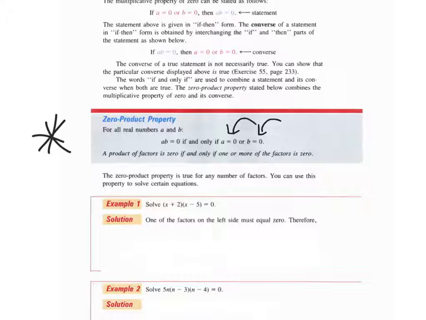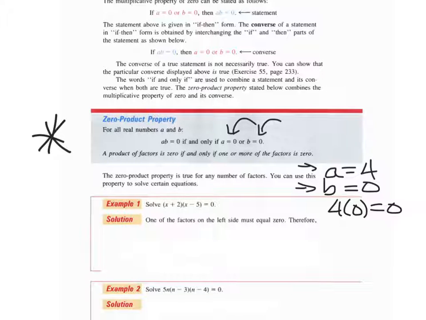So essentially they're saying that if you were to multiply two numbers, let's say a equals 4 and b equals 0, as long as one of these numbers is a 0, then you can get a 0 as your answer. So that's what this product property is showing you. But by applying this and setting the factors equal to 0, we can figure out what x equals.